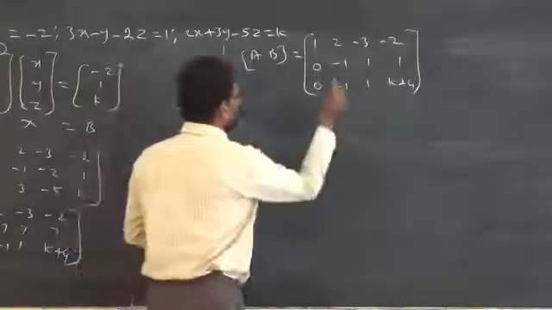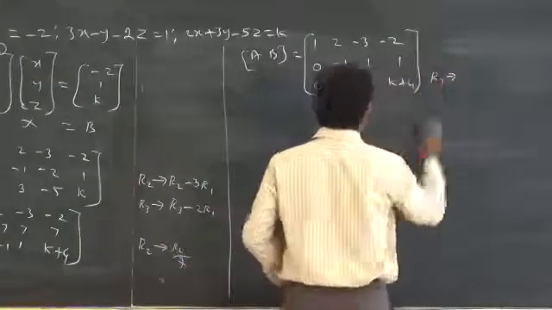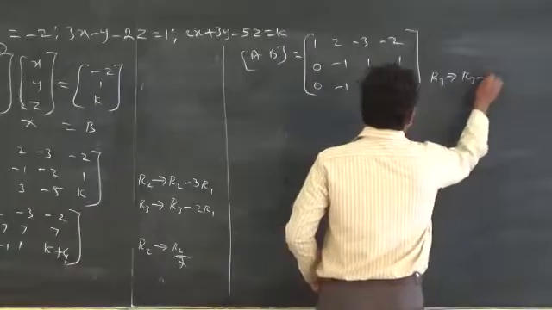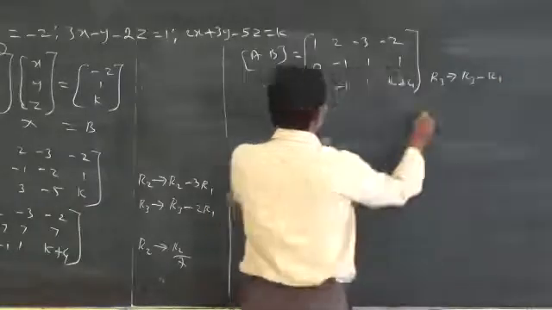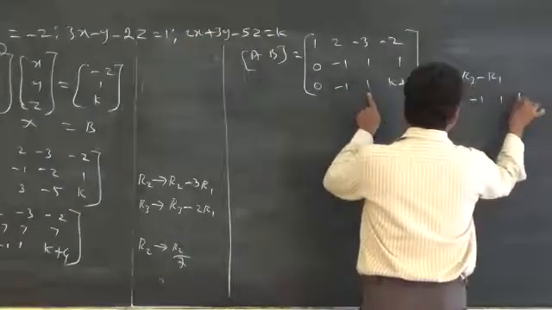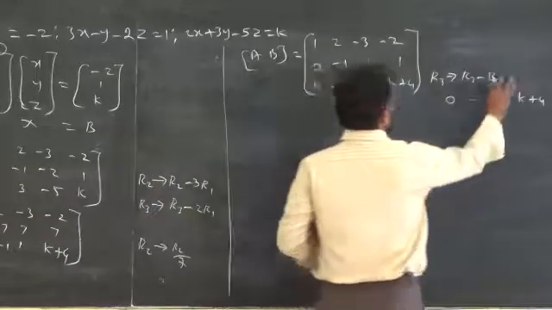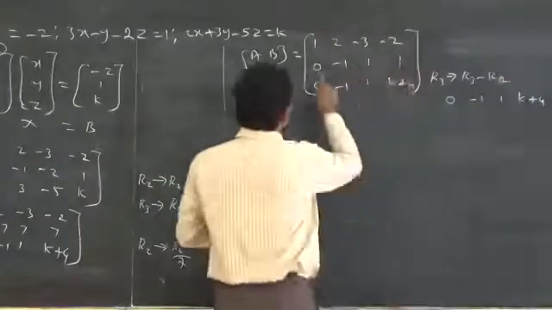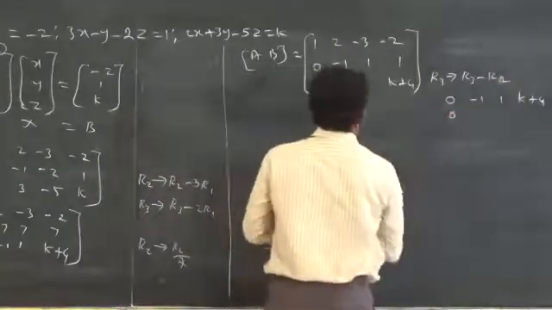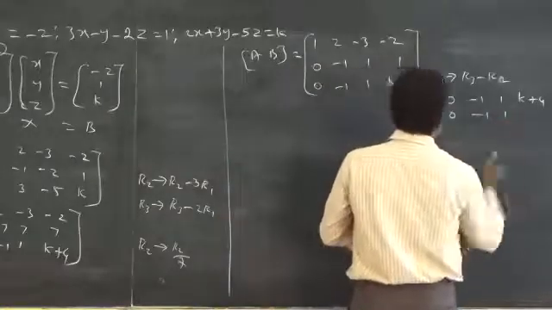So, just you have to replace R3 by R3 minus R2, sorry, not R1. R3 is 0 minus 1 1 k plus 4, and R2 is 0 minus 1 1 1.